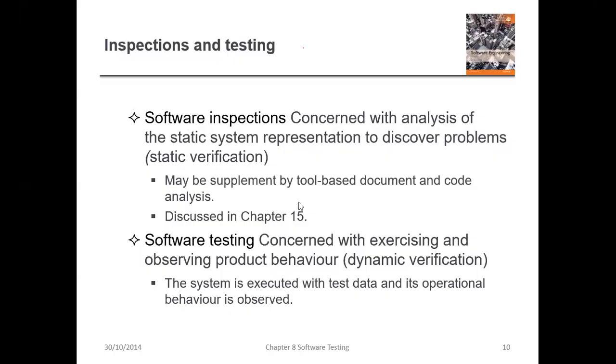So we can say inspection is a static verification technique. How about testing? Software testing is a dynamic verification, because here we have to run the system, or the system is executed using test data and its operational behavior is observed. So it's a dynamic process.